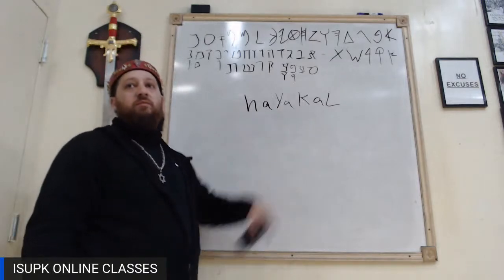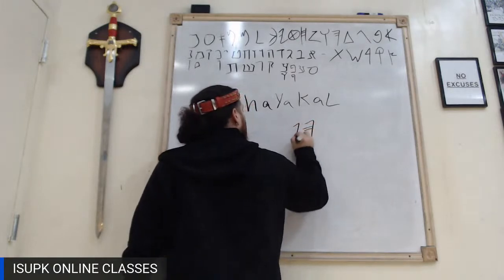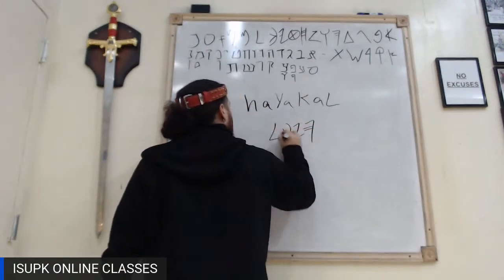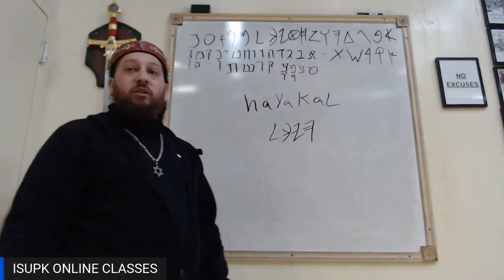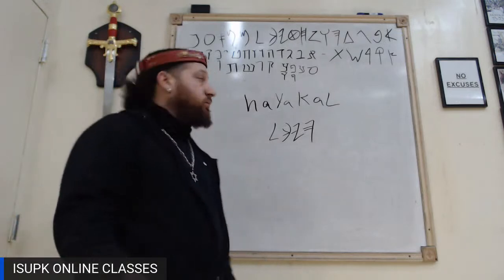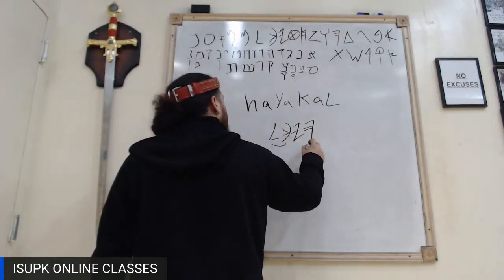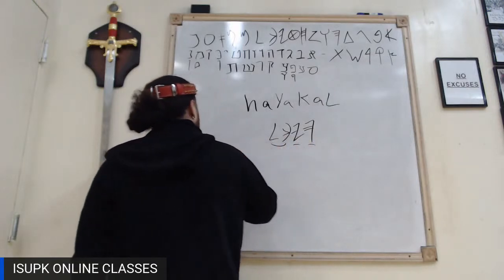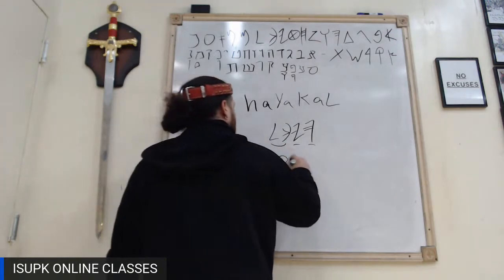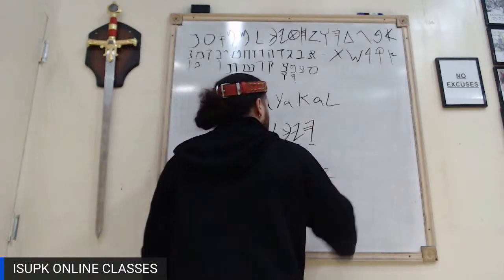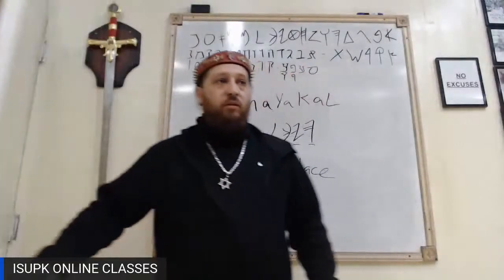Hayakal. In this instance, this is a word. Some words do begin with ha. Hayakal: temple or palace.